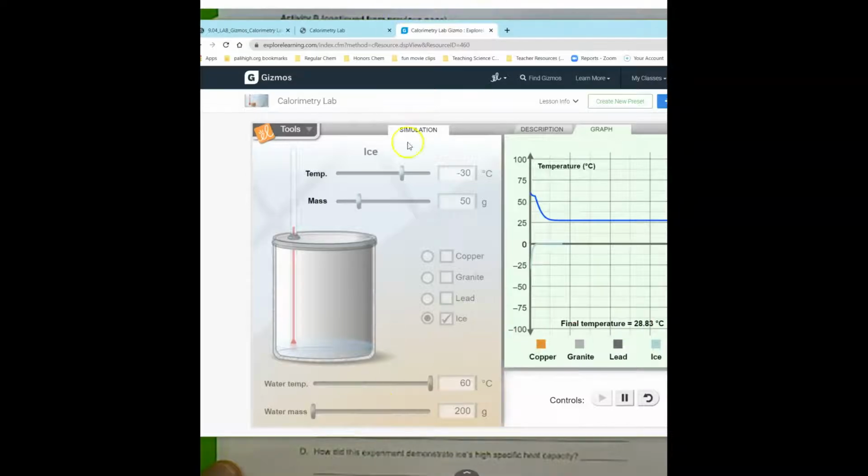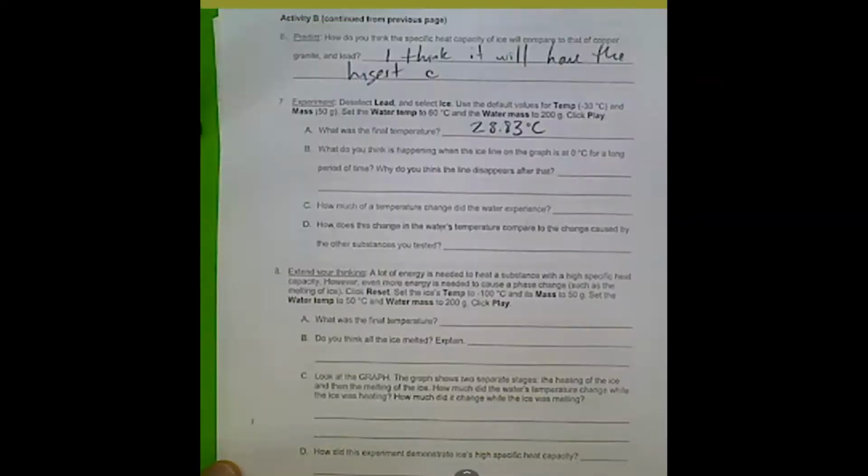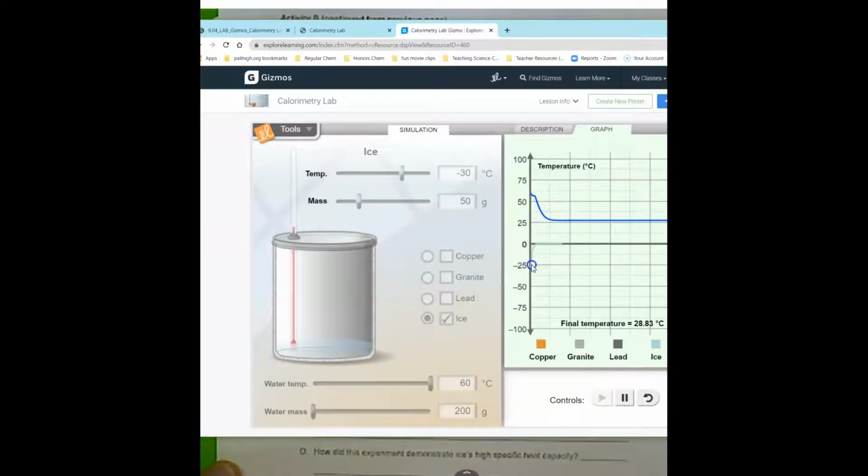Well, what's happening for the ice is, let's go back to that. First the energy is going into raising the temperature. When it gets to 0, which is the melting point of ice, the energy is going into turning ice into water, or turning solid into liquid, and that's called the latent heat of fusion. It's unfusing the molecules of water.